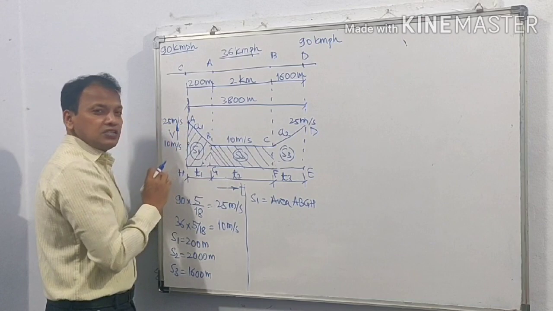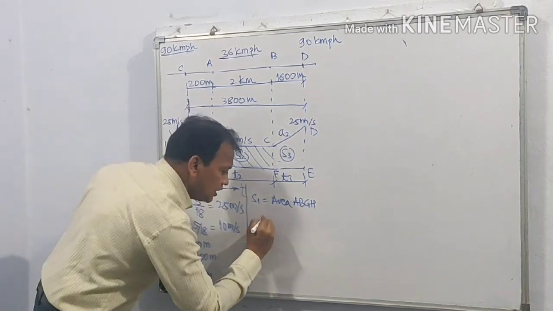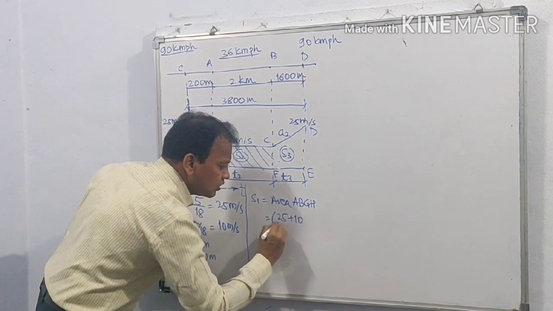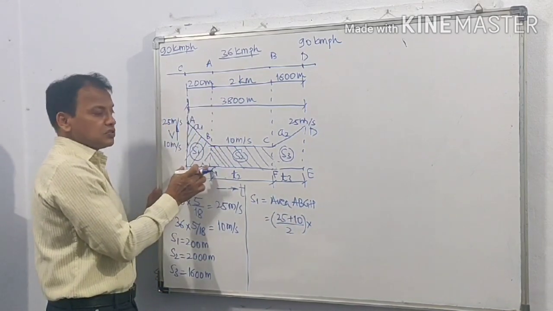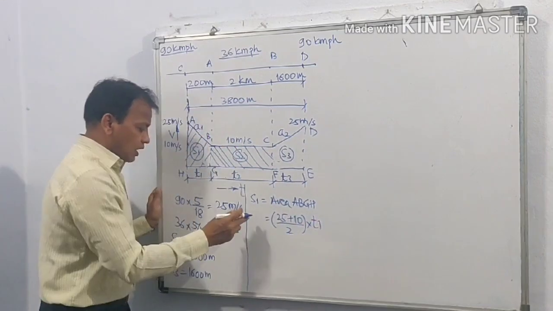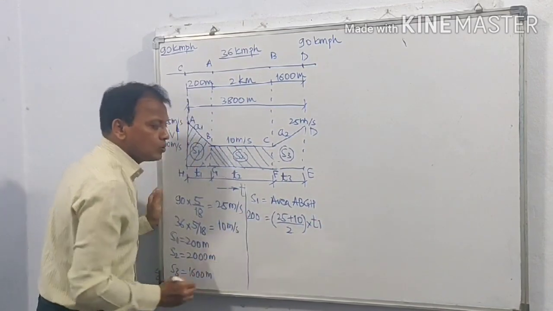Sum of parallel sides divided by 2, 25 plus 10 divided by 2 into perpendicular distance, that is T1. But S1 is equal to 200, that is already known.